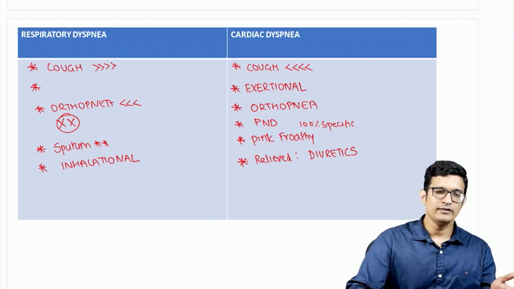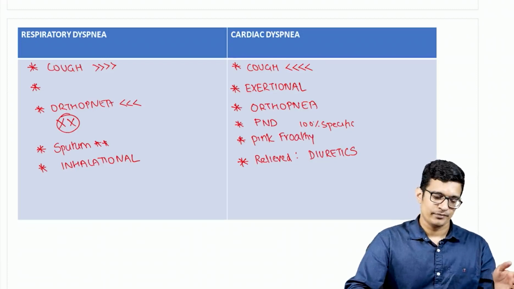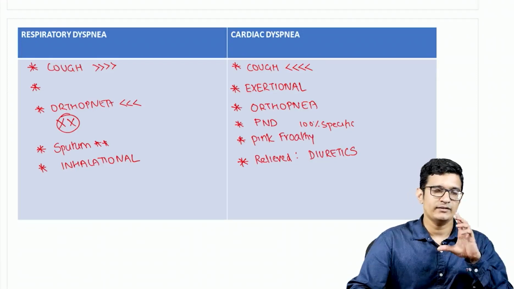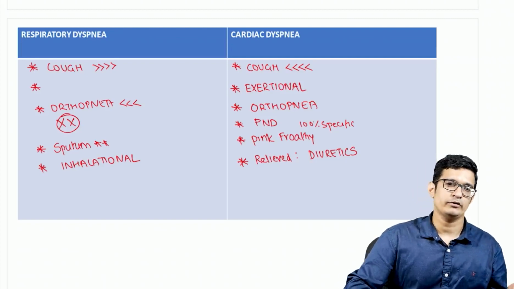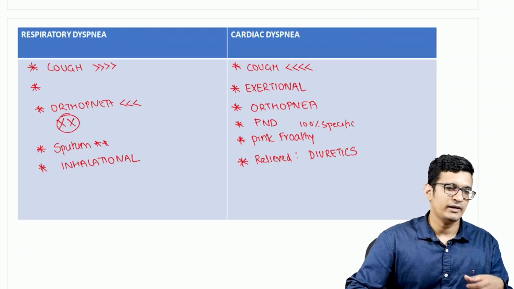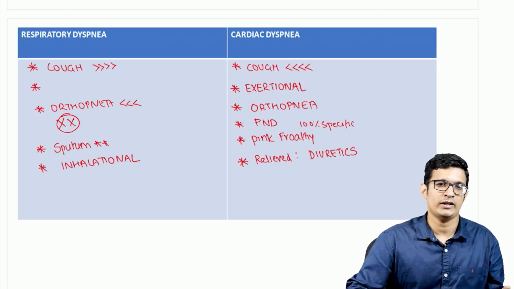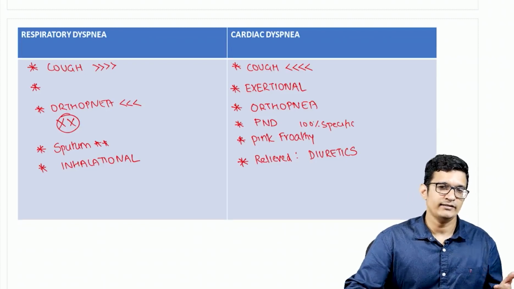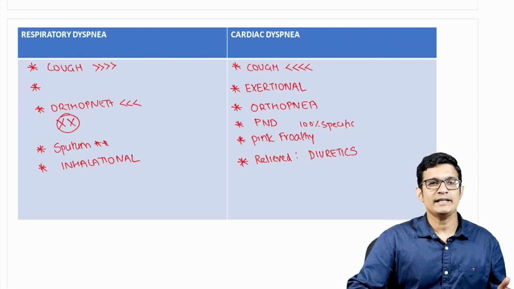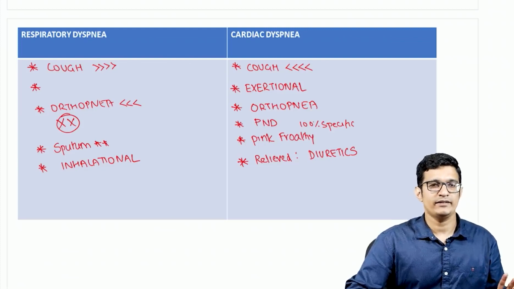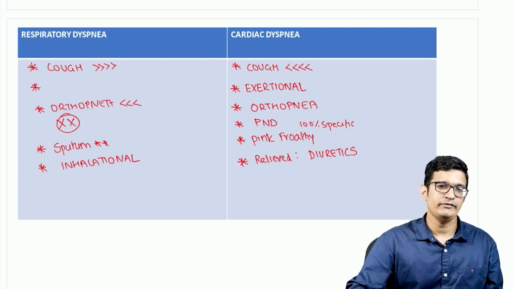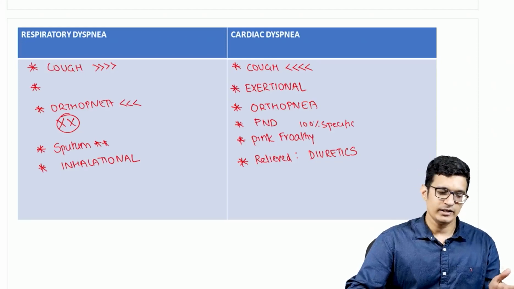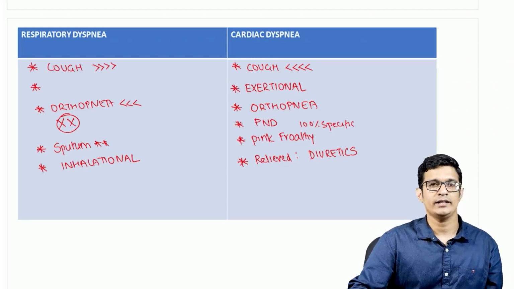So you can ask the patient, do you have relief of breathlessness by taking some inhalers, or have you gone to the casualty of a nearby hospital and taken some inhalational medications, and did it give some relief? If the patient answers yes, then you can probably ascertain that you are dealing with a respiratory disease. That is one of the important differentiating factors between respiratory dyspnea and cardiac dyspnea.